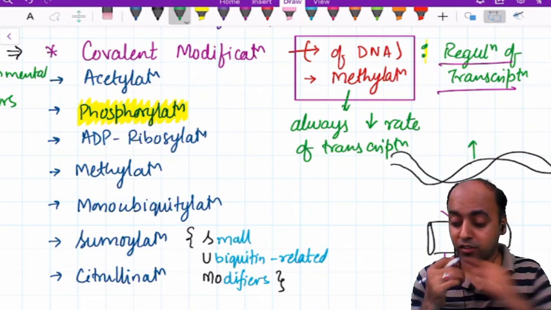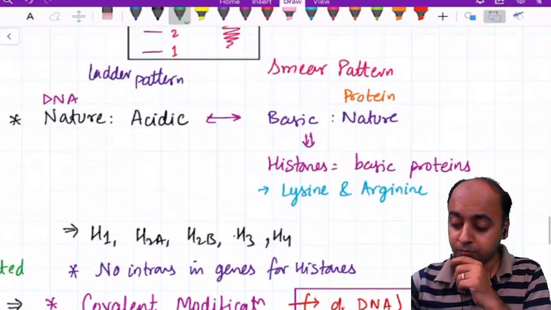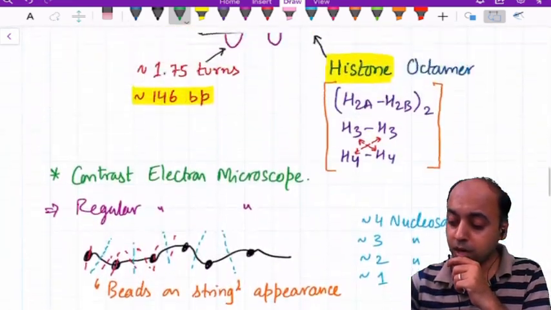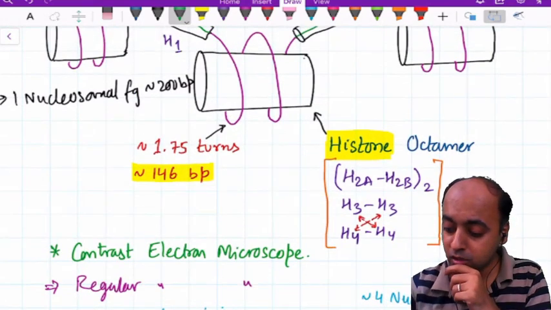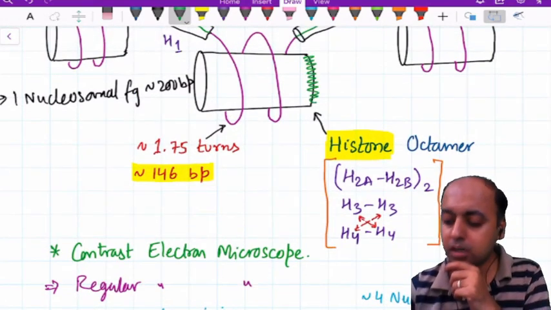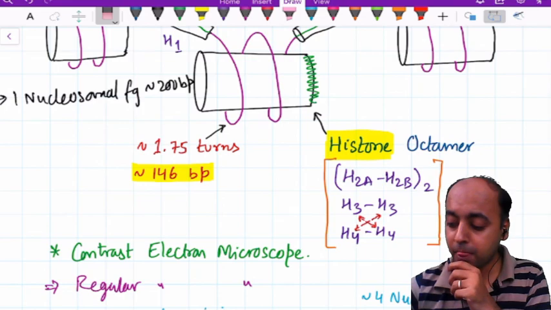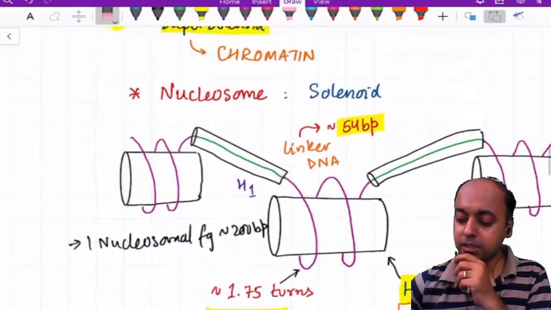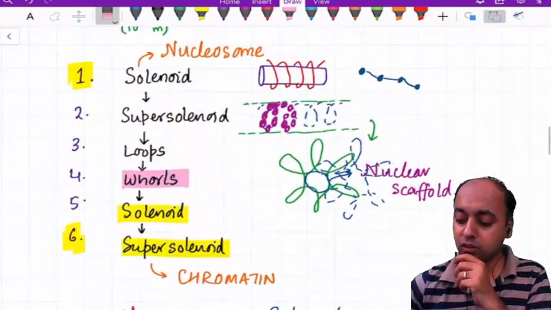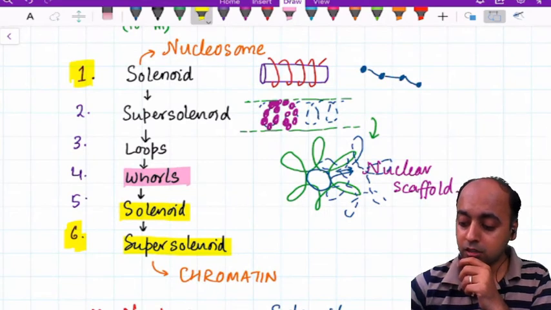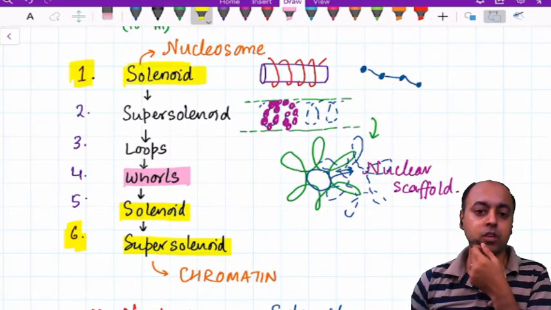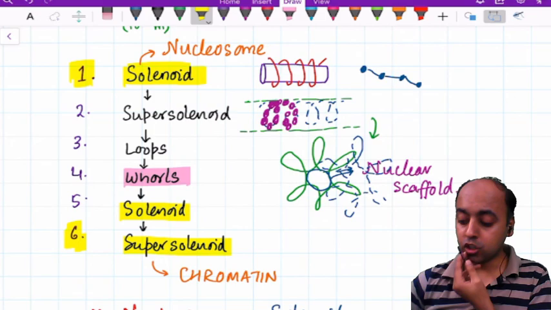Epigenetics, I said, is a very important topic, which is based on the histone part of the DNA. And this completes the discussion of the first level of organization, which is the solenoid, which is the nucleosomal structure.